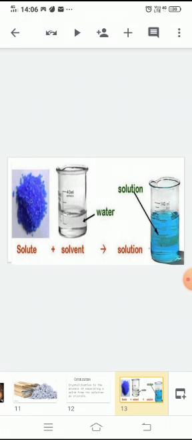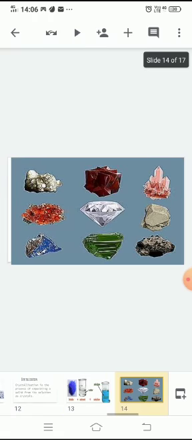The solvent is allowed to evaporate to get large crystals of the solute. Crystallization is commonly used in industries to form the crystals of substances like sugar, common salt, urea, alum, and copper sulfate from their respective solutions.